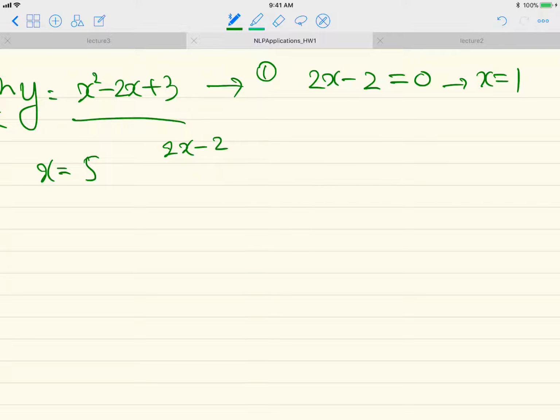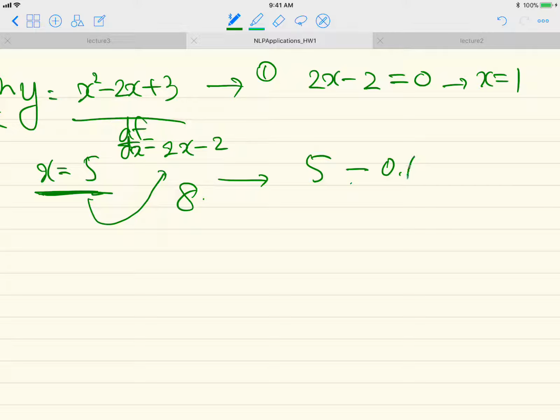It's this, df/dx, right? Let's evaluate the gradient at this point. It's 8, right? So 5 minus the learning rate times 8 will give 4.2.